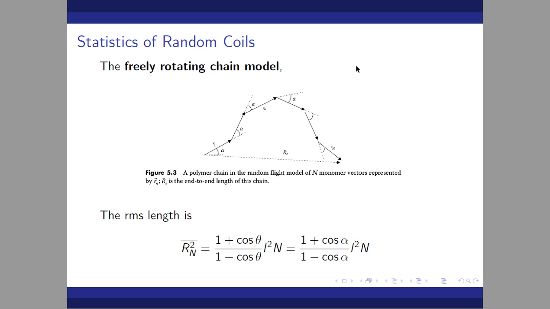Okay, so next we have the freely rotating chain model. So we can see here we have alpha, alpha, alpha, alpha, alpha, and alpha. Okay, so you have this fixed dihedral angle, so you cannot move freely like with the previous model.